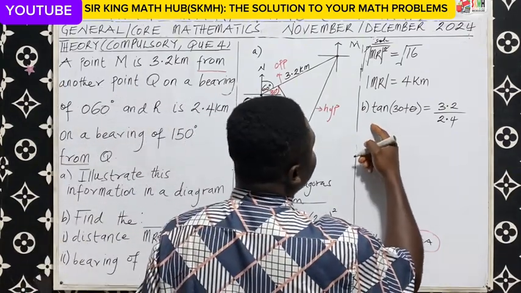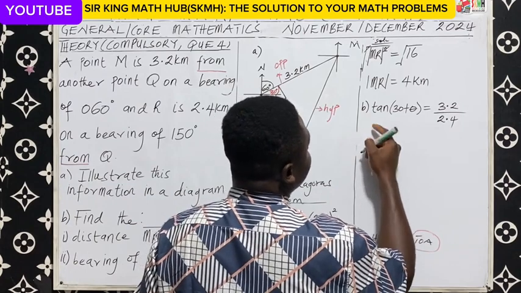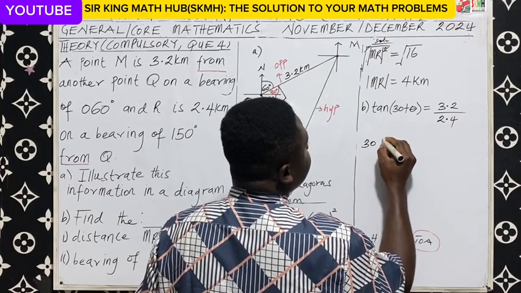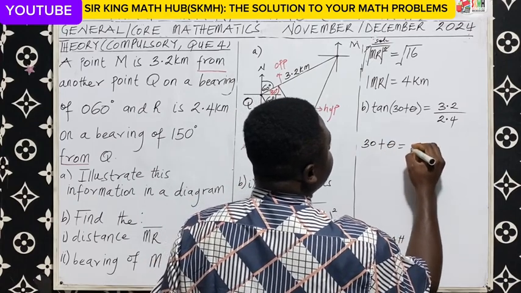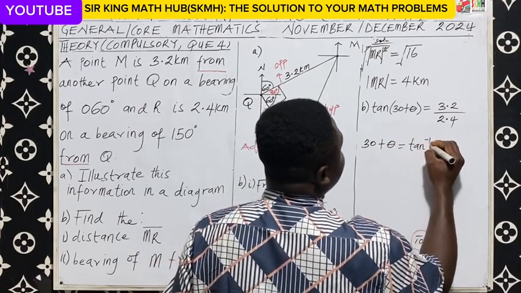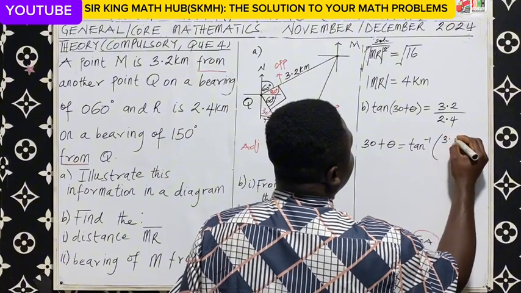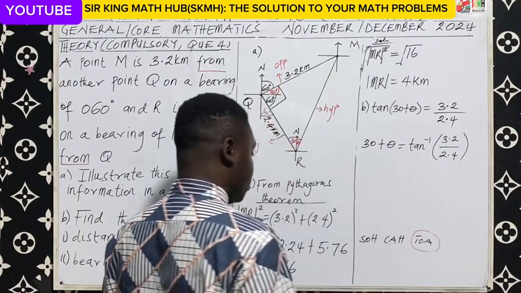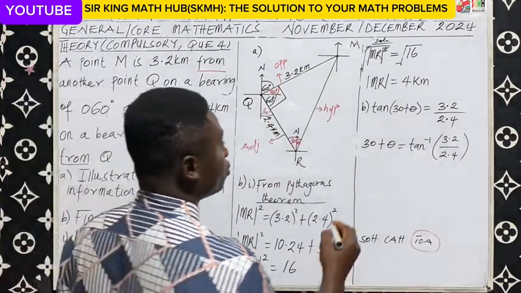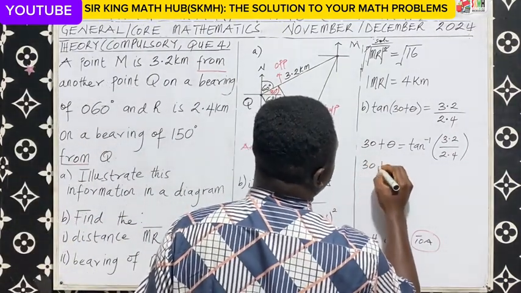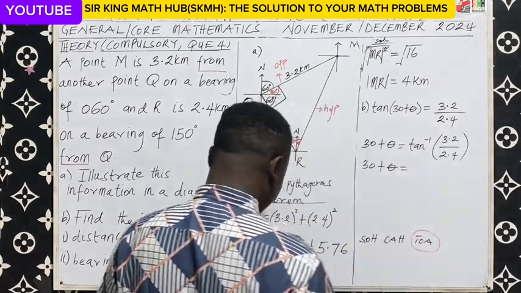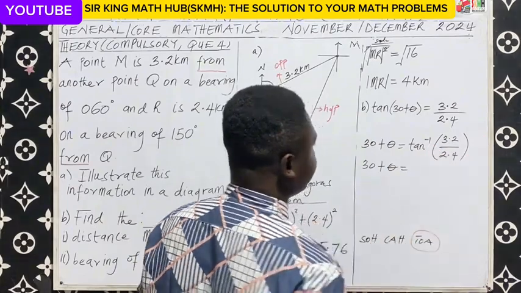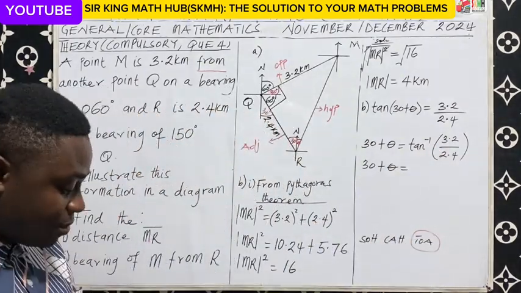So taking the tan inverse of tan will cancel out the tan, leaving 30 plus theta. And then the tan inverse of 3.2 divided by 2.4. So we have 30 plus theta is equal to, so let's take the tan inverse of 3.2 divided by 2.4.